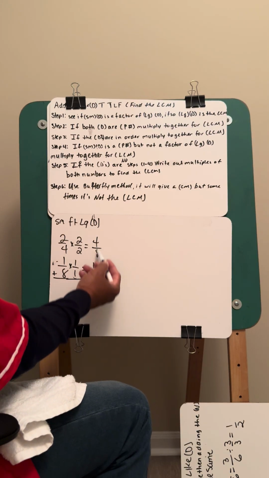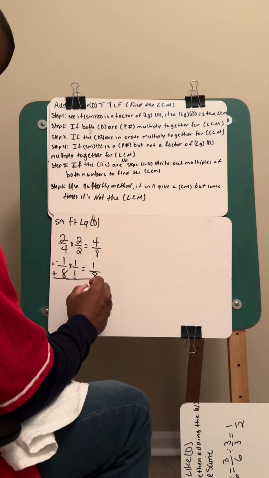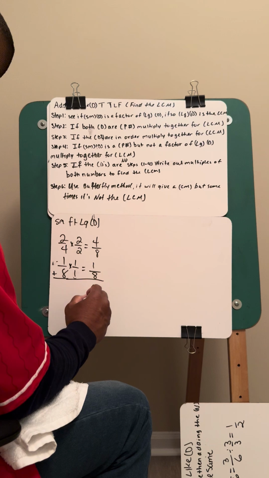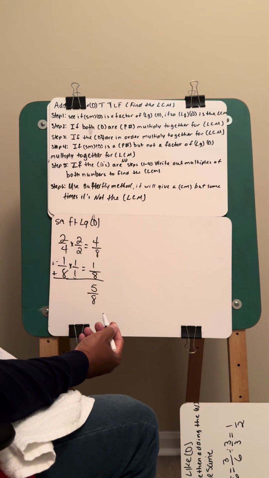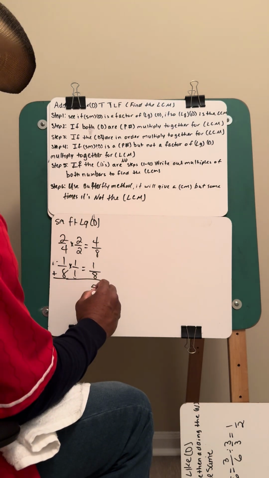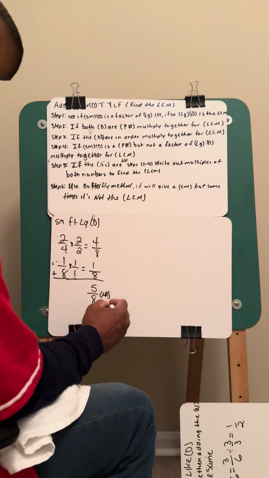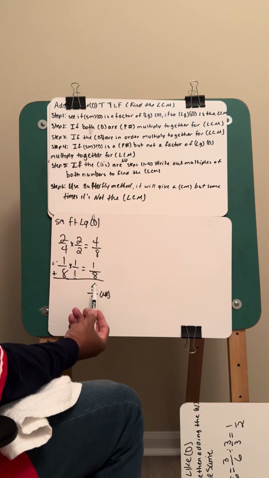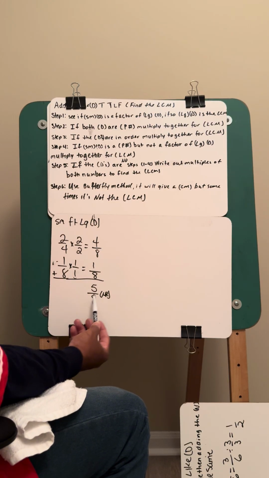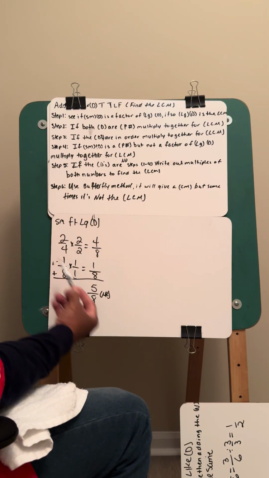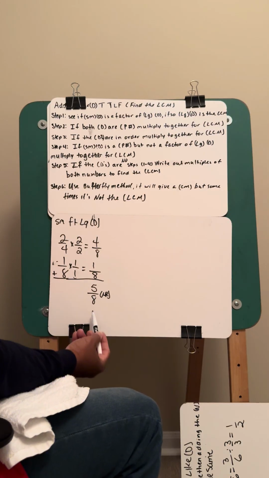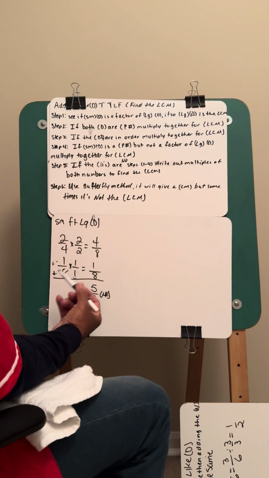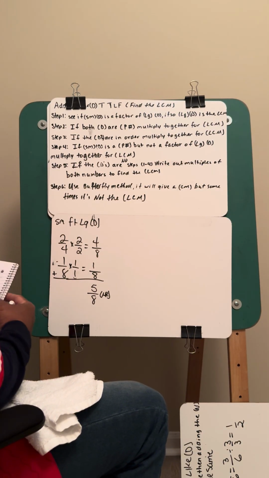Now that I have like denominators, I can add my numerators and keep my denominators. This problem is an NR, no reducing. Why? Because 5 is a prime number, but it's not a factor of 8, which means they share nothing. So this problem is in its lowest terms. It can't be reduced or made smaller.